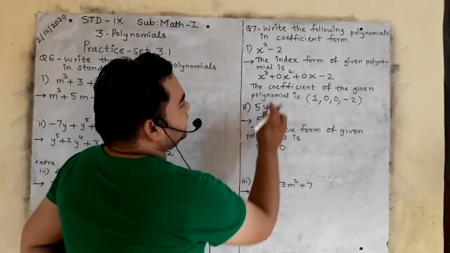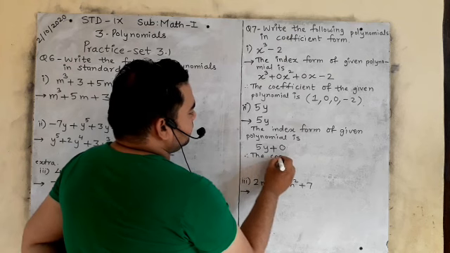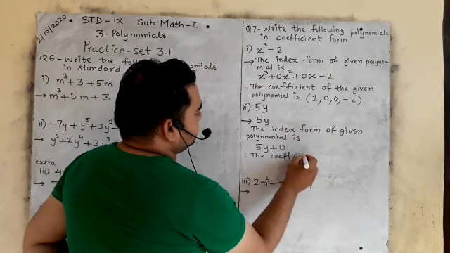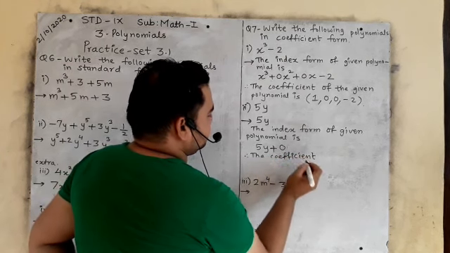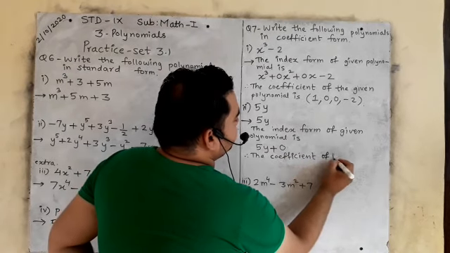Now we have to write the coefficient of the given polynomial.